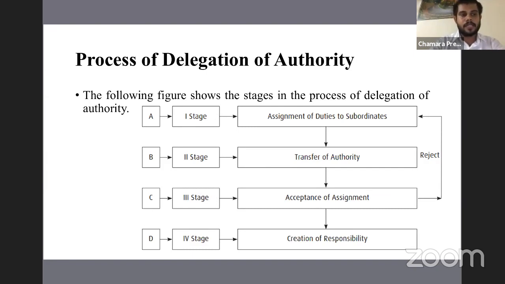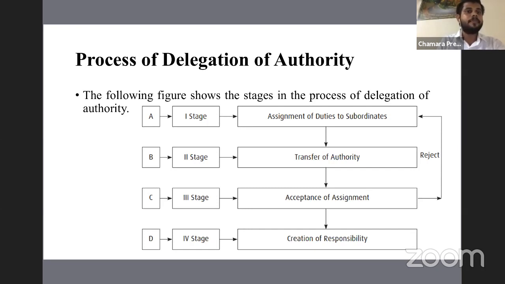When we are passing authority to subordinates, that's called delegation of authority. And when you're delegating, there is a process we follow. In that process, when we are going step by step downwards, at a certain point we face problems.